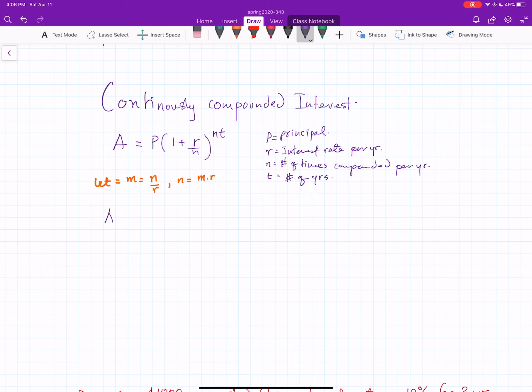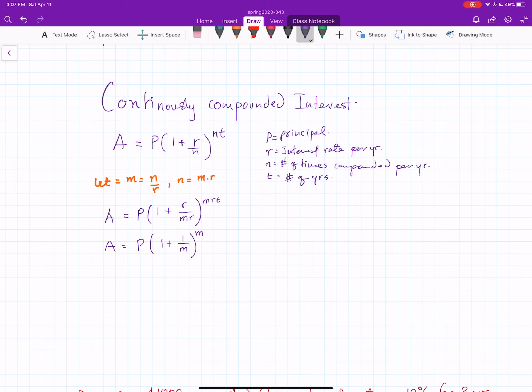We have A, the amount, as the principal, times 1 plus R over N, and in place of N, I'm going to replace it with M R, and in the exponent, in place of the N, I'm going to replace it with M R times T.